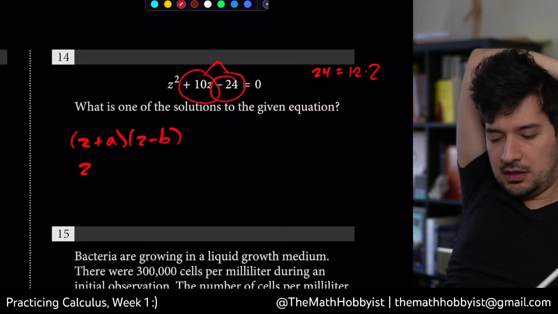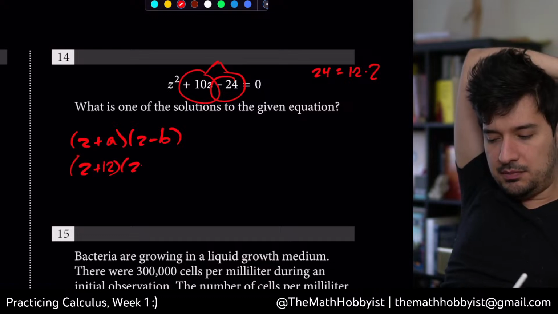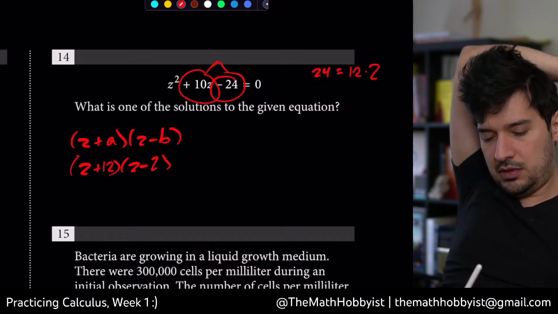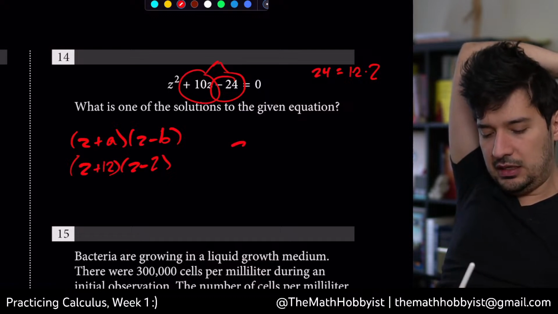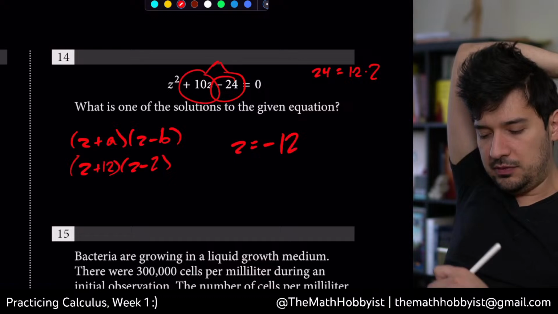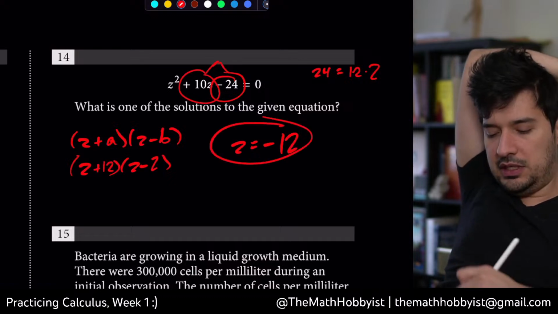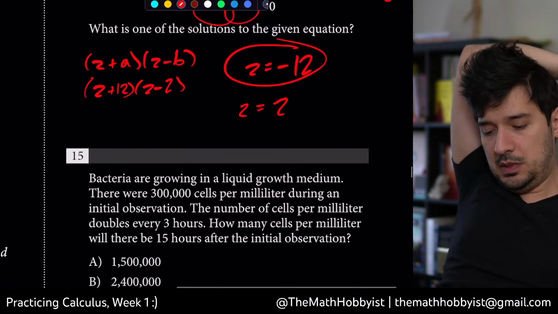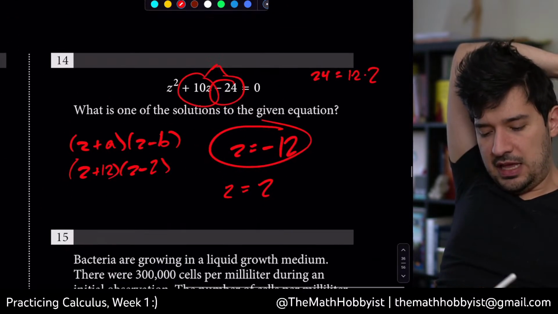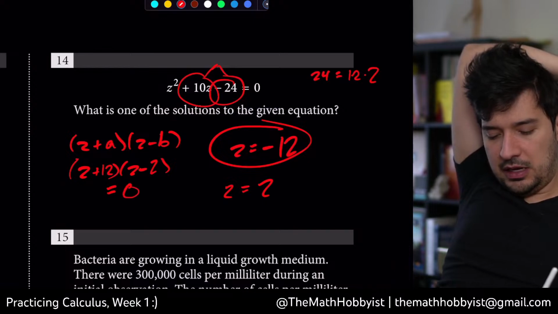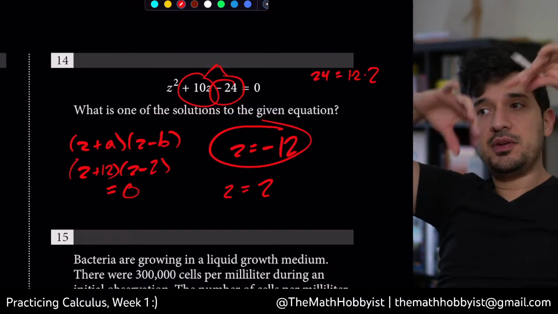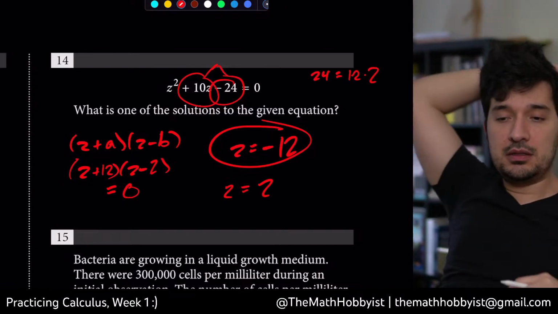This is going to factor as z plus 12 times z minus 2. So one of the solutions would be z equals negative 12. And you only need one, but the other one is z equals 2. Because again, this thing equals 0, and the multiplication of two numbers equals 0 if and only if one or the other equals 0.